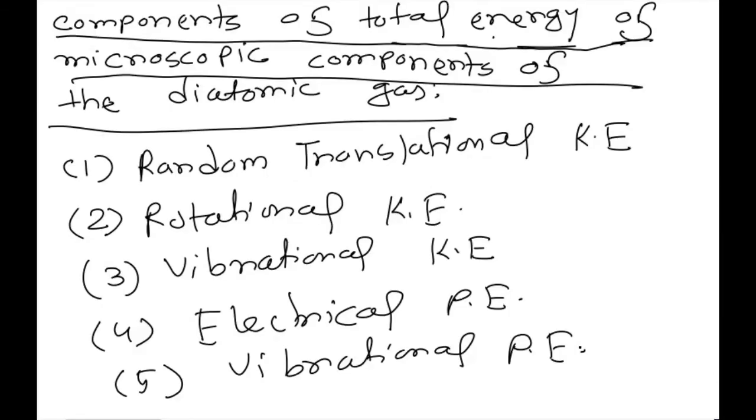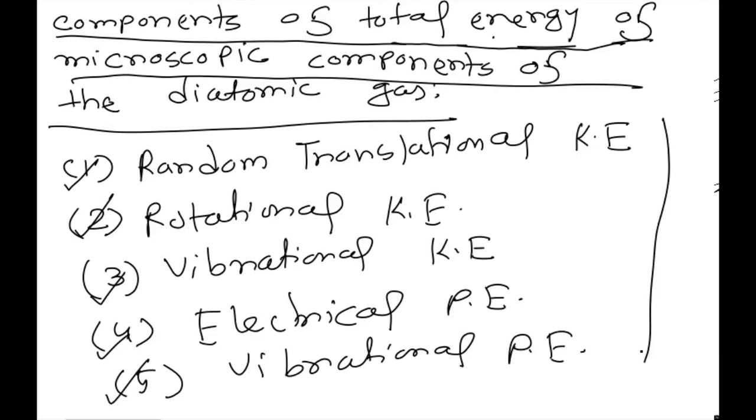We have seen that for diatomic gas, kinetic energy has these three components and potential energy has these two components. But for every object, the kinetic energy and the potential energy of the microscopic components do not include all of this.